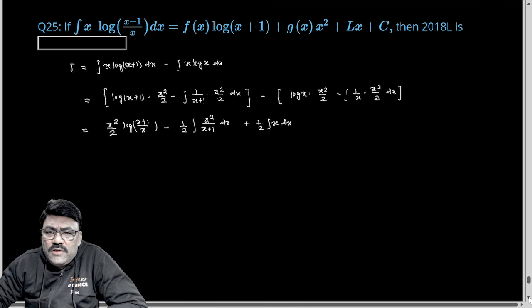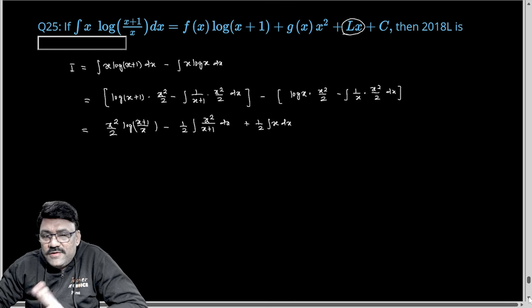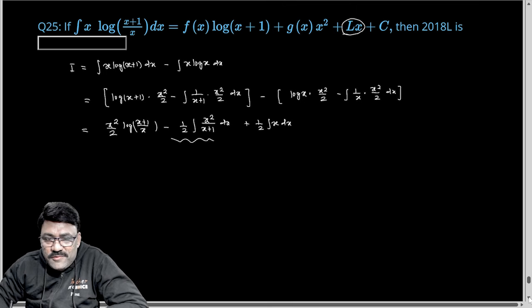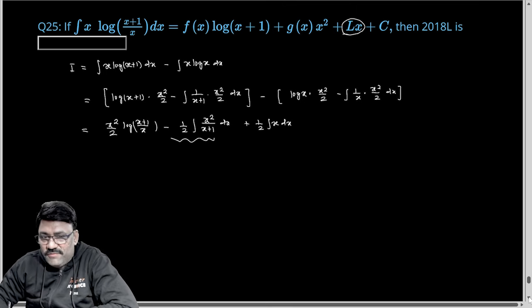And see, I need only the coefficient of x, that is L in Lx. And the coefficient of x you will get from this integration only. You will not get x anywhere else.